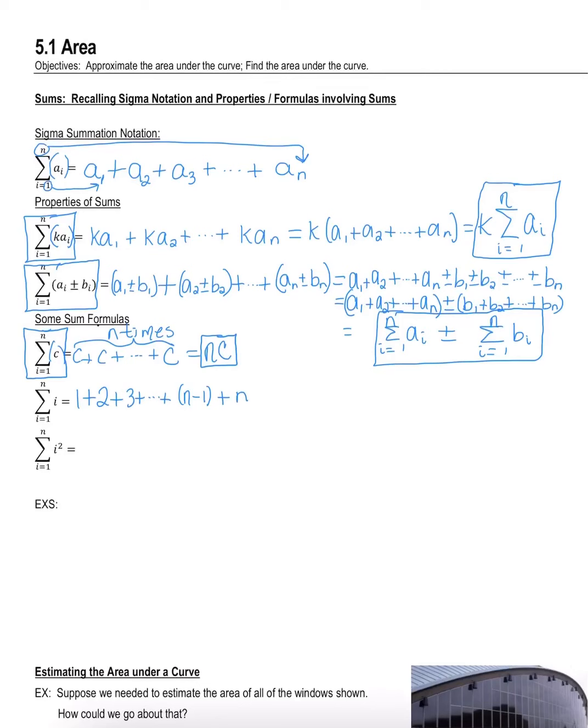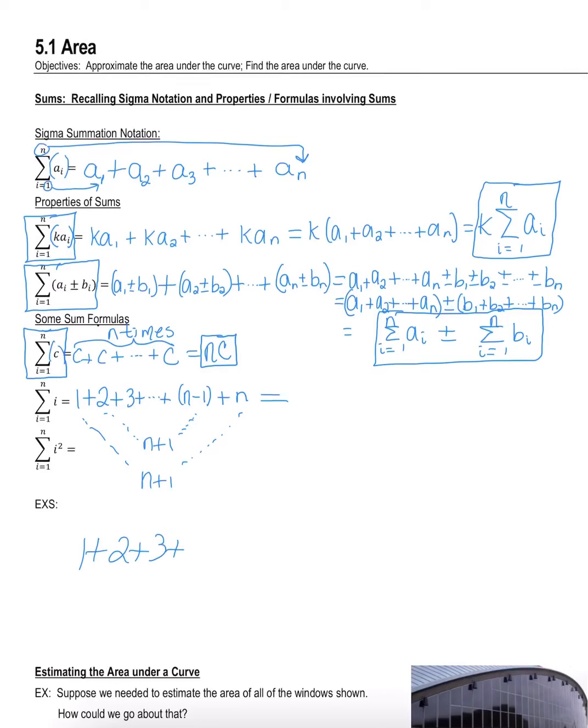If we were to add all of those up, think about what happens when grouping these. If you added together the 1 and the n, that would add up to n plus 1. And if you added together the 2 and the n minus 1, that would also add up to n plus 1.